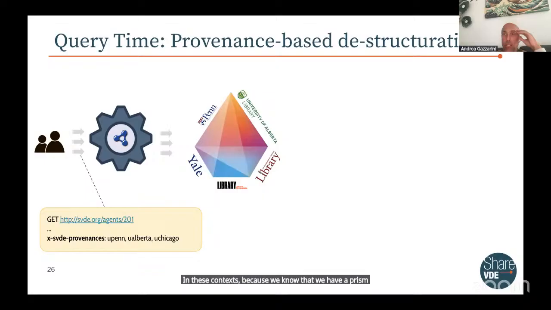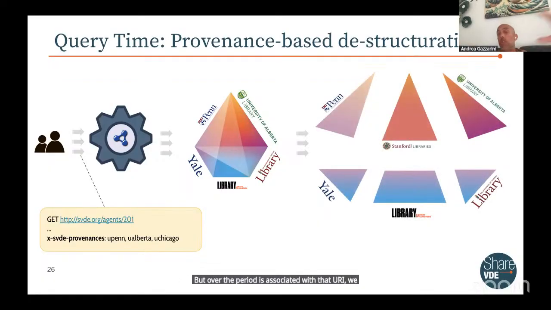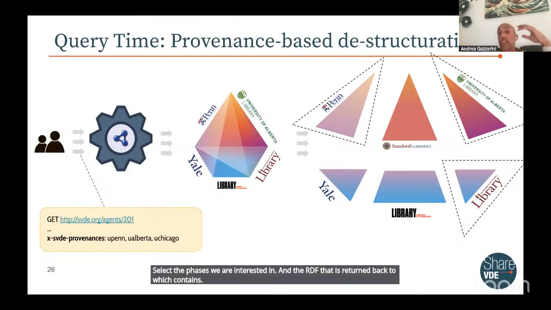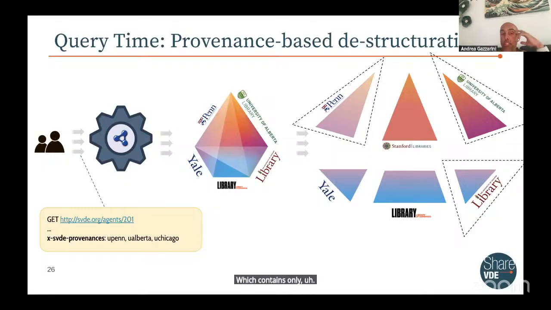Once detected the proper prism associated with that URI, we just need to select the phases we are interested in. And the RDF that is returned back would contain only those contributions.